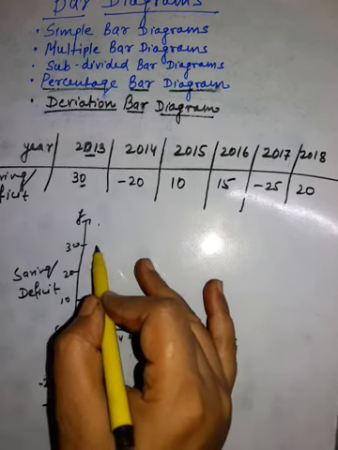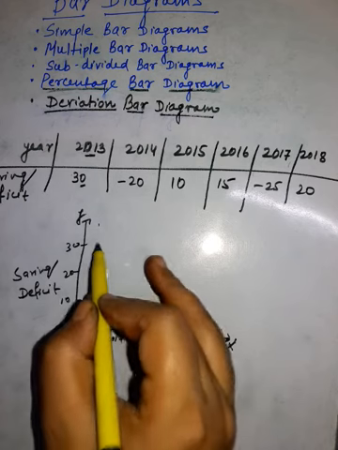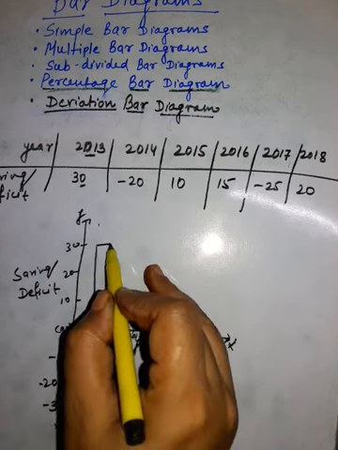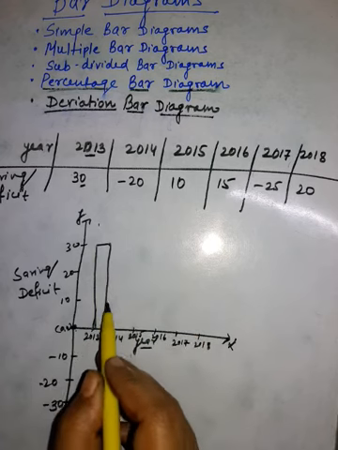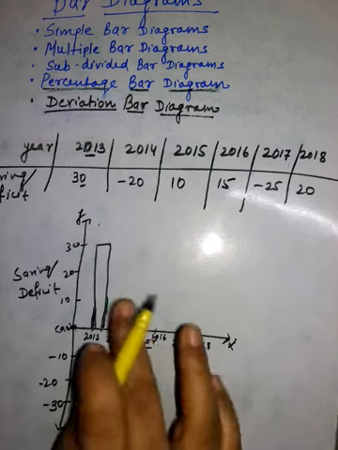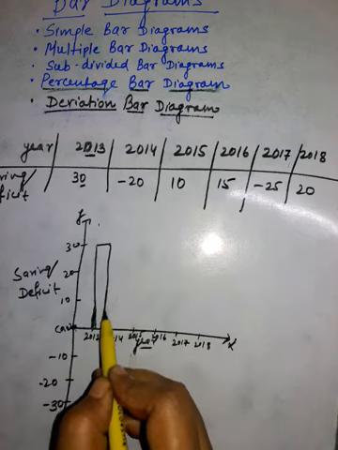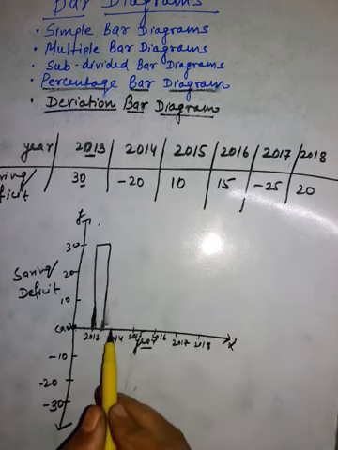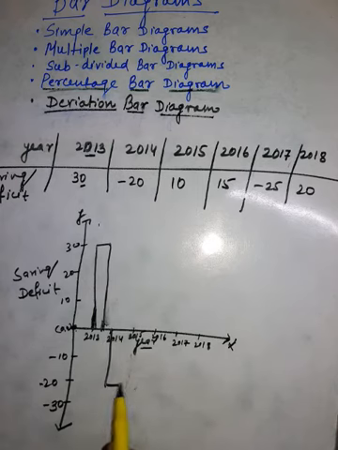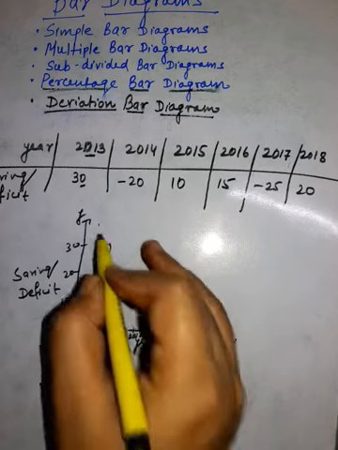So here I am drawing with a straight hand. Okay, that should be in a straight line. Okay, 2014, that is minus 20. So here will be 2014, that is minus 20.